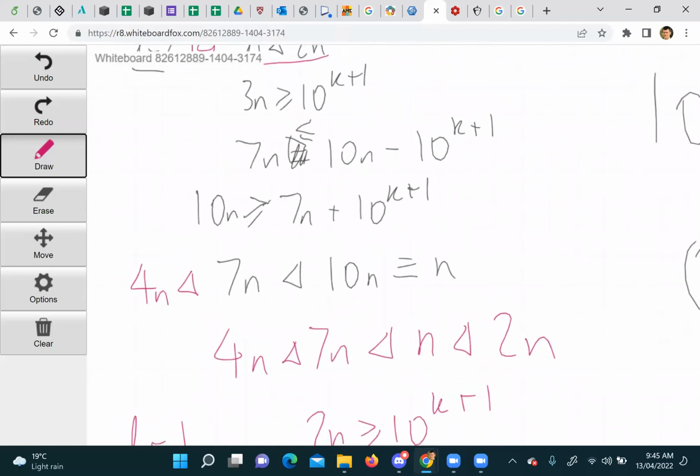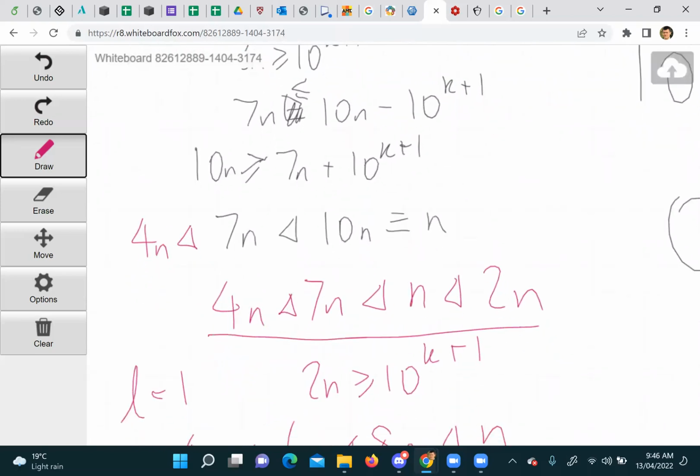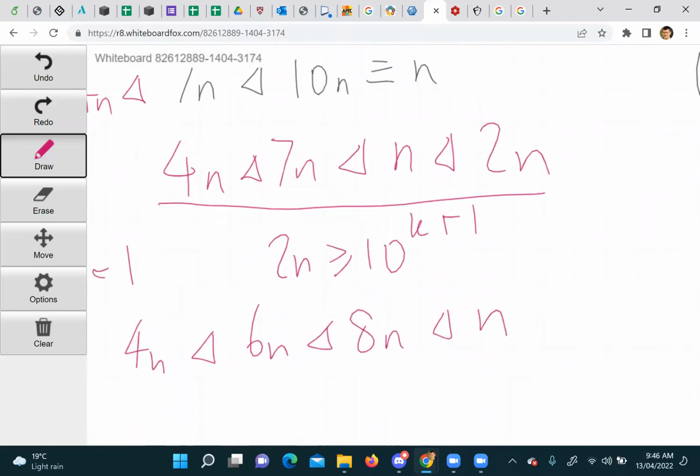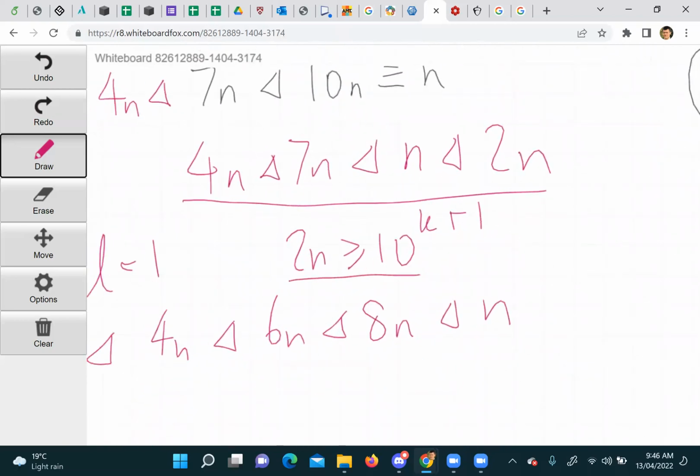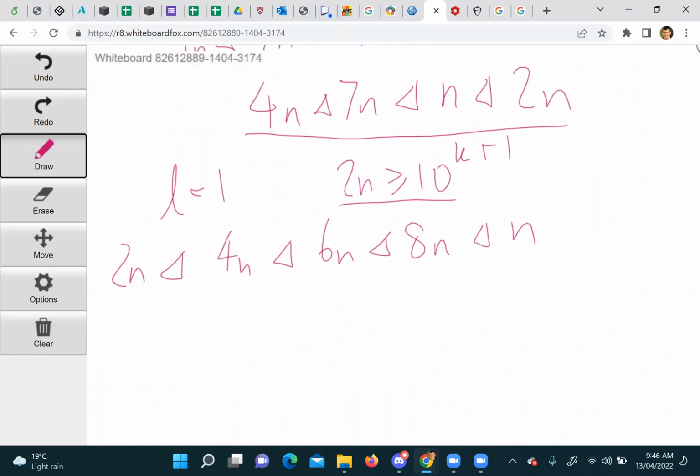And if you do it again for 7n, you subtract 3 and you get 4n, which is less than 7n. So then you get a chain of 4. And if L is 1, then 2n is bigger, right? And then 8, 6, 4, 2. So you get a chain of 5 at least.